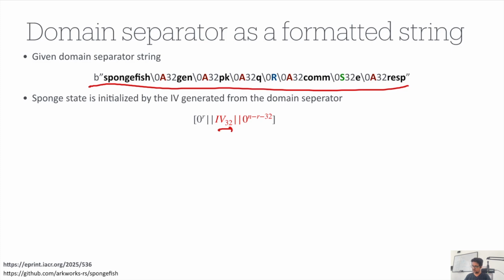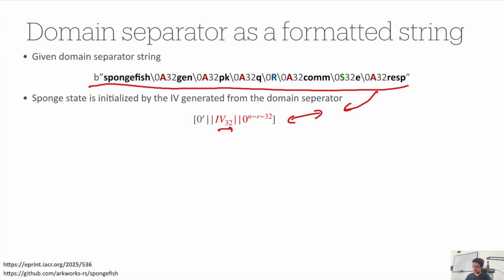Then your initial state is an encoding of the exact protocol sequence that you are working with. So if you are in a FRI protocol and you have n rounds, you will have absorb, squeeze, absorb, squeeze, absorb, squeeze as many times as is needed in the protocol.